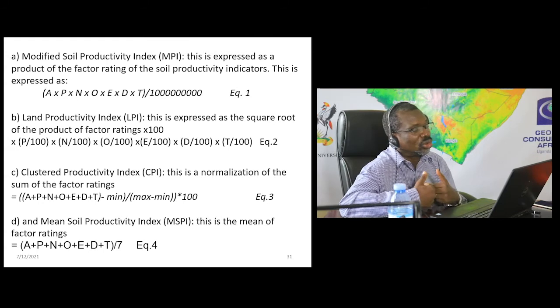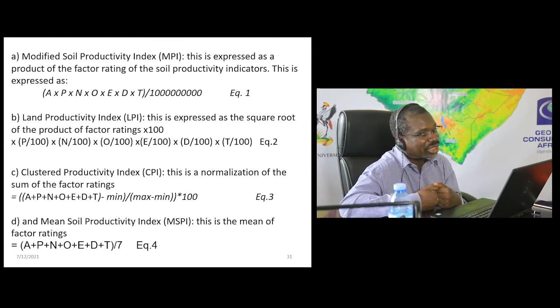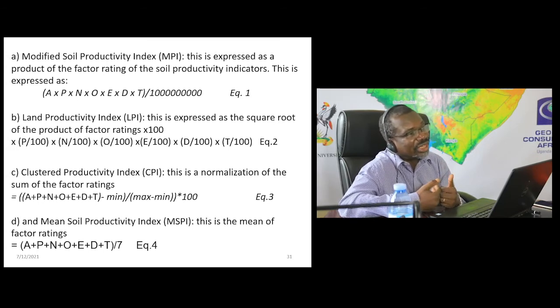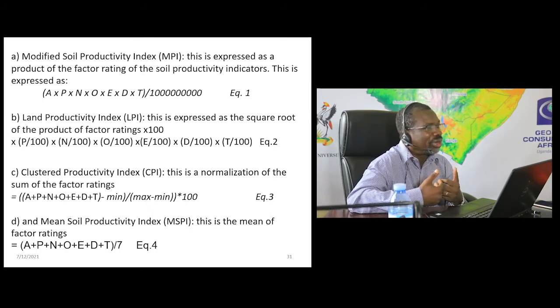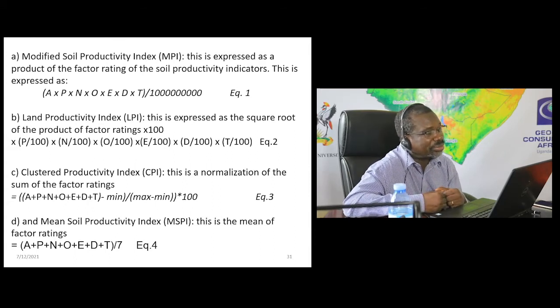And what we called the mean soil productivity index was computed as the sum of the mean of the different factor ratings.